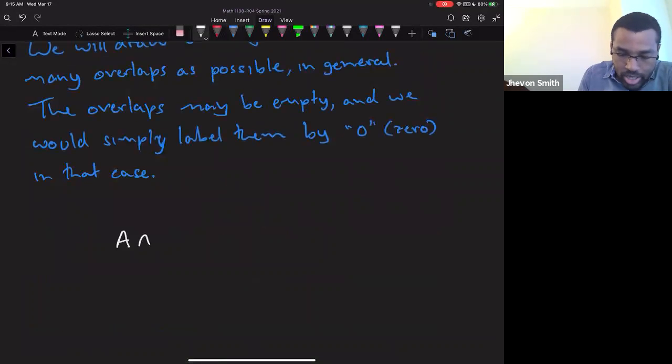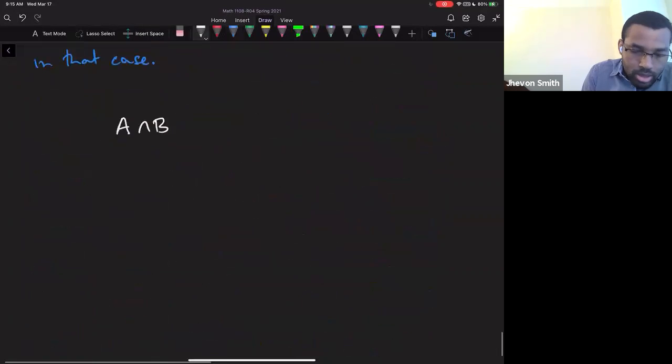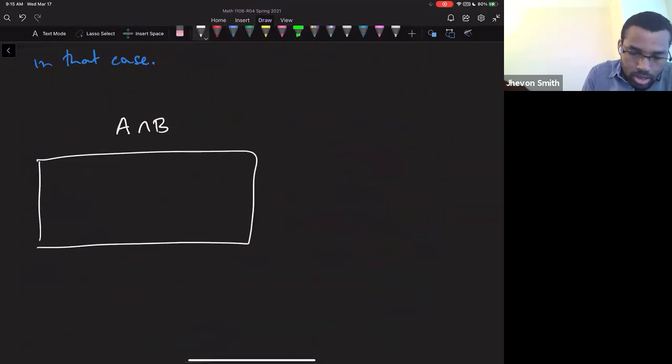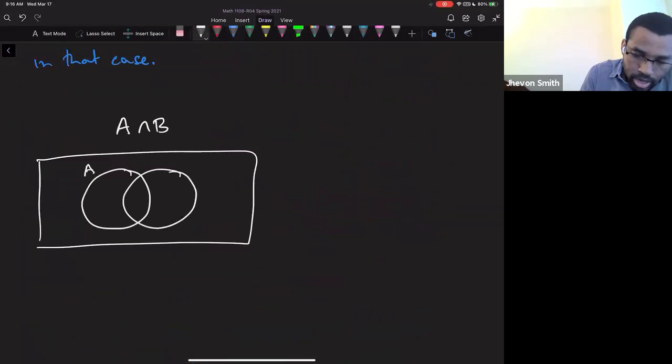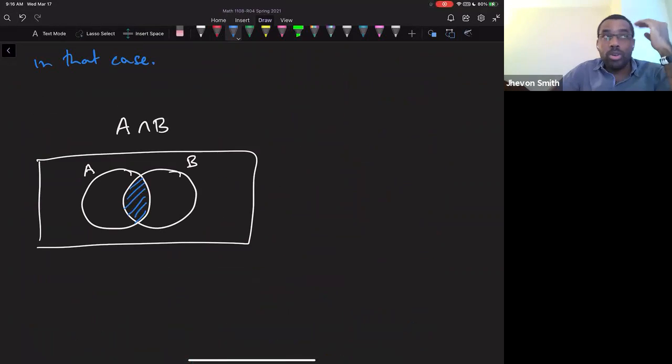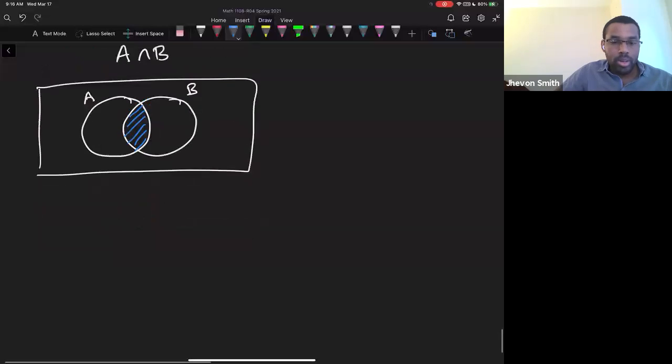Now, when I'm talking about the intersection, here's A, here's B. I'm thinking of these guys only, the overlap. I don't care about what's in A but not in B or any of that. I care about what's in both at the same time. That's how you'd visualize the overlap.